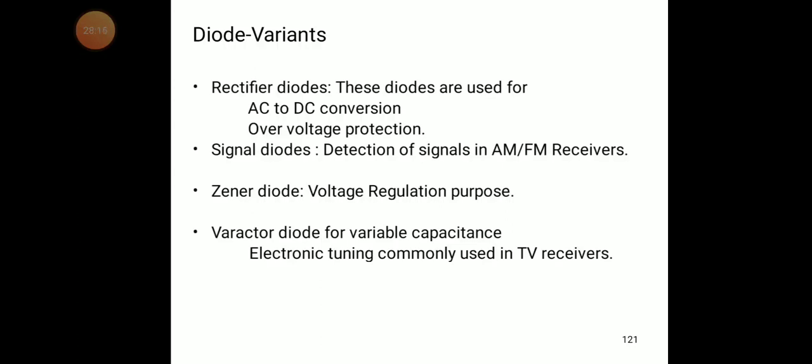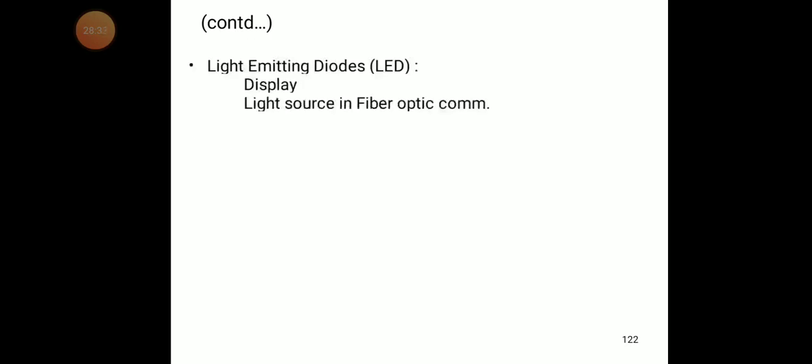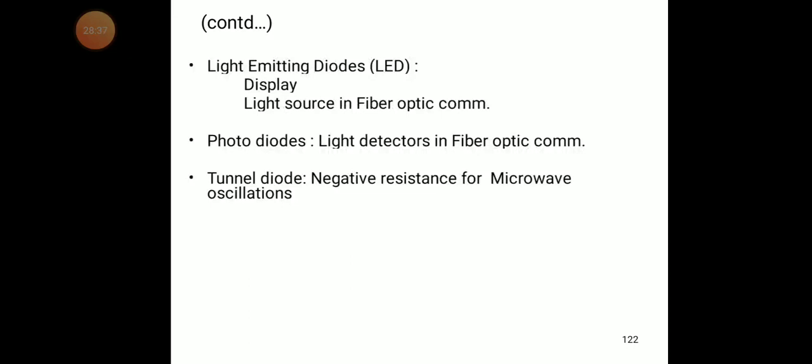Varactor diode, or variable capacitance diode. These diodes are used for electronic tuning, commonly used in the TV receivers. We have the light emitting diodes, used as display light source in fiber optic communication.